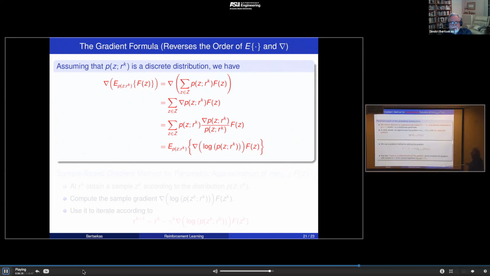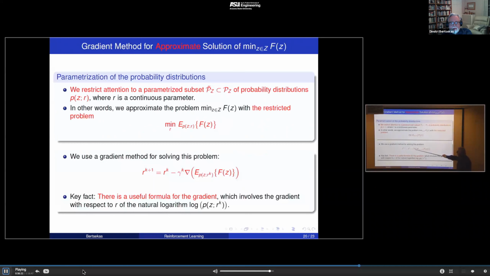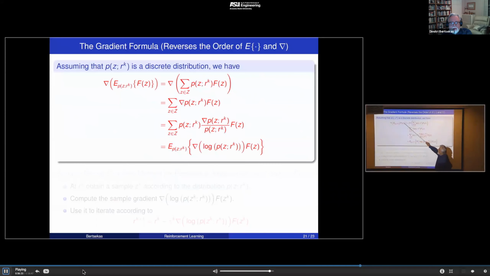Remember that we want to calculate the gradient of this cost function, and we're going to express it a little differently, involving the logarithm of this p as follows. This is the probability distribution over which we want to optimize, and I am at the current iterate rk. Let's suppose that this is a discrete distribution, so I can write sums instead of integrals. The gradient that I want to calculate can be written like so. This expected value is just the expected value of z with respect to these probabilities.